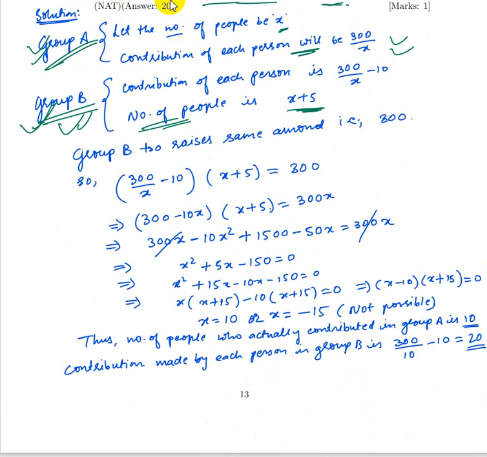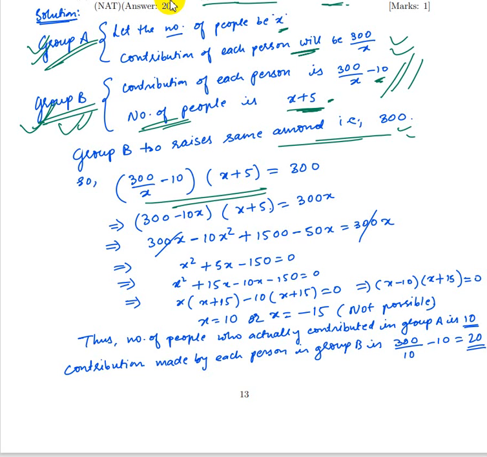So group B raises the same amount, that is 300. So the product of these two things will result in 300: the contribution by each person into the number of people, which has been done here.